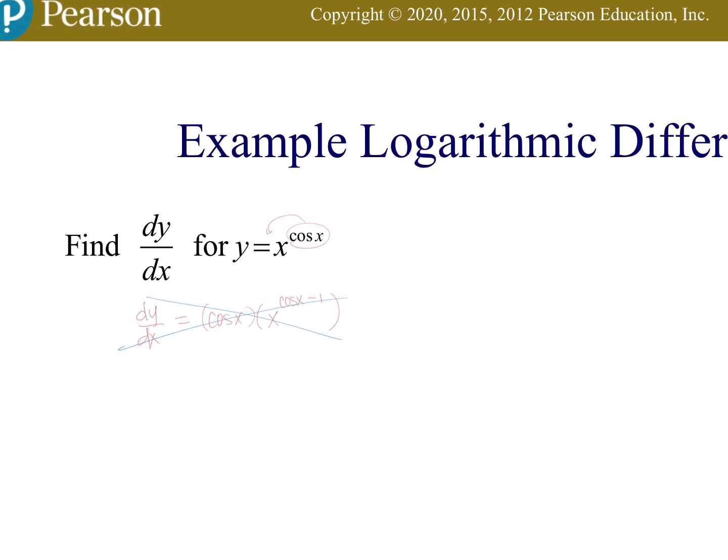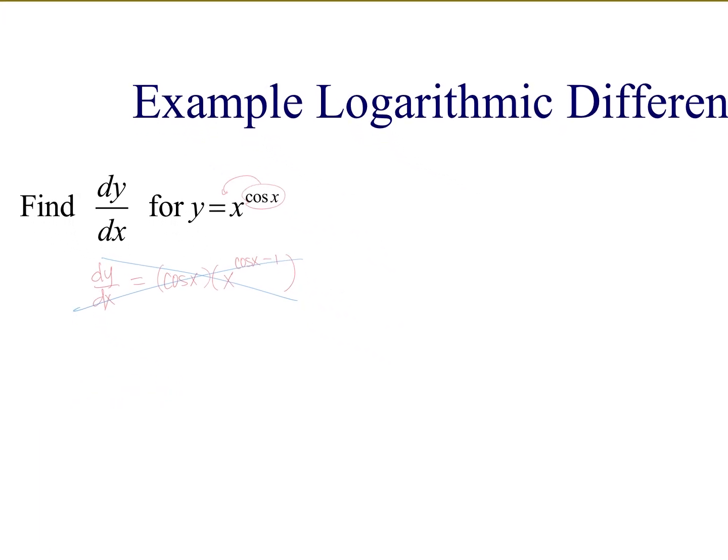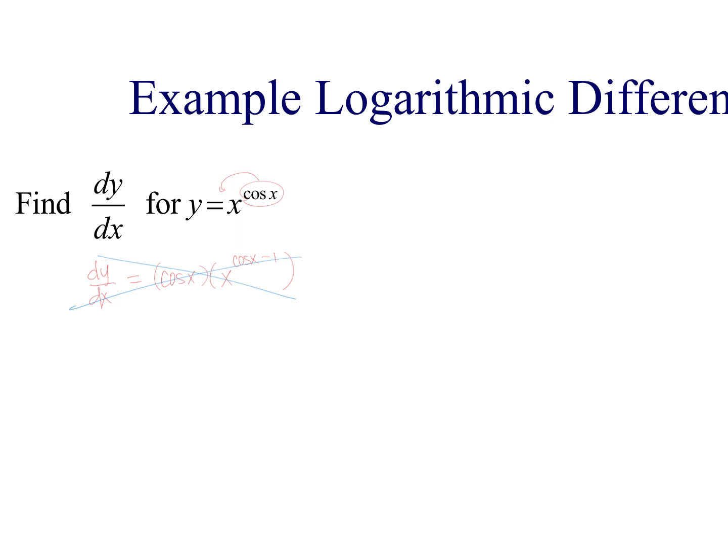Instead, you want to use logarithmic differentiation. So you're going to take your natural log and apply it on both sides. So I'll do a natural log around the y side. I'll also do a natural log around the x to the cos x side. So one single logarithm applied on both sides. That's legal because what I did to one side, I did the exact same thing to the other.